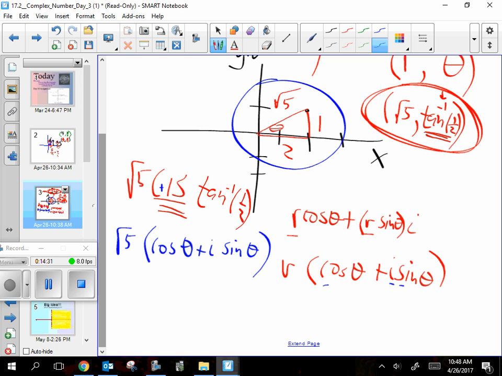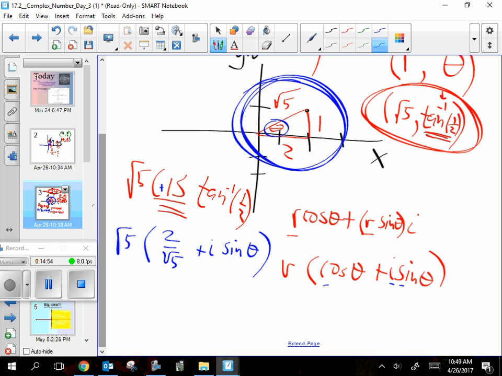But once again, my picture comes in to save the day. What is cosine of this mystery angle? I know it's inverse tan of 1/2, but if I just want cosine of it, it's right here. What's cosine of that? 2 over root 5.